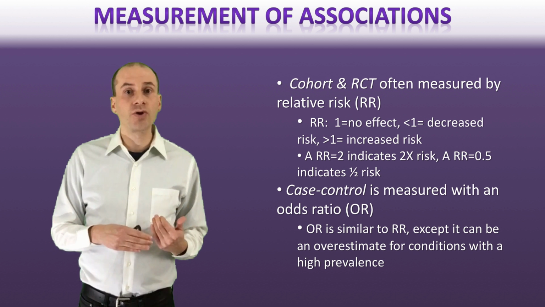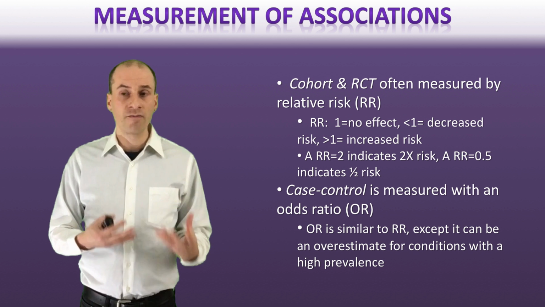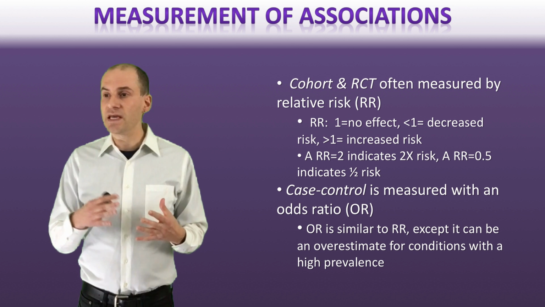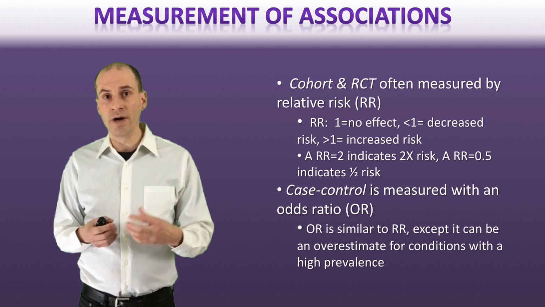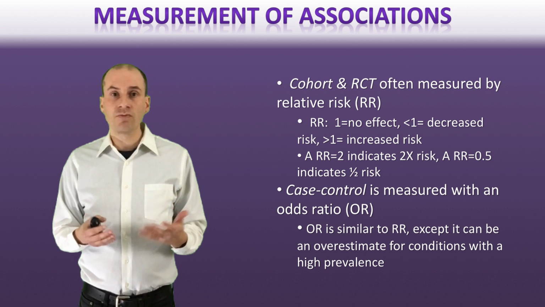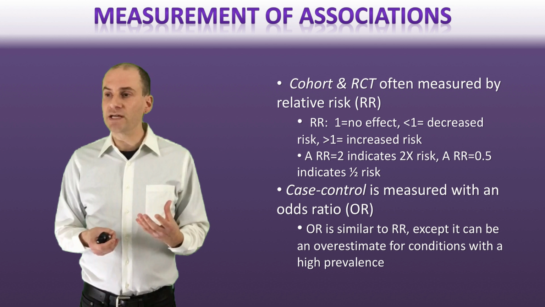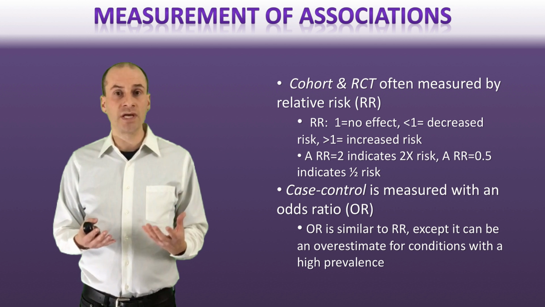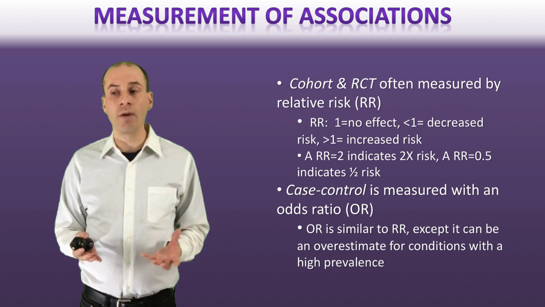Whereas if you have a score under 1, that means it's actually a decreased risk, so it could actually be protective from a disease. However, if you increase above 1, if you get something like a relative risk of 2, you have roughly twice the risk of the normal population. So you can do this using randomized controlled trials and cohorts because you're looking at an overall population.